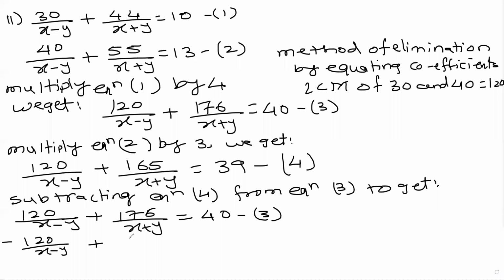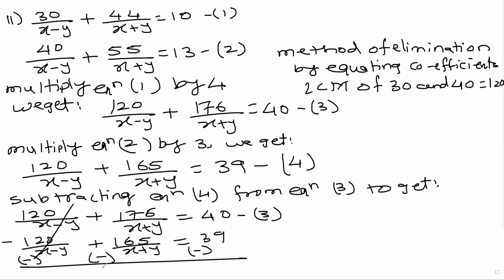Remember, when you subtract, you have to change the signs. So I'll write the new signs in brackets. This sign is separate, so don't get confused. This is already positive, you will have to subtract it.